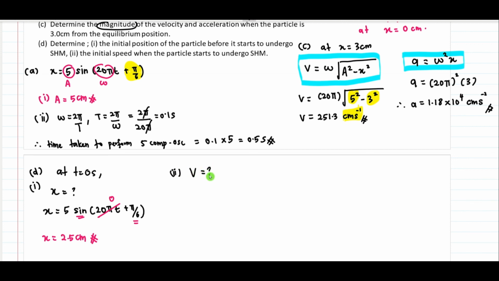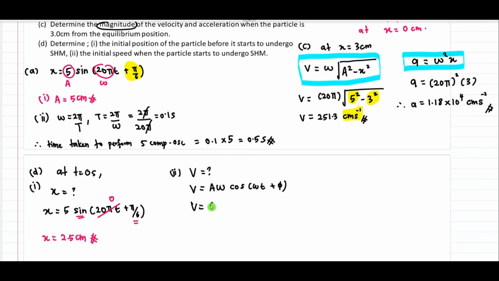So v, you must write the equation of v in terms of t, where v is equal to A omega, differentiate sin and you get cos. Let me write the general equation first. So the general equation for v: differentiate sin to get cos. Differentiate omega t again to get omega. So A omega cos of omega t plus the phase angle. In this case we have a phase angle.